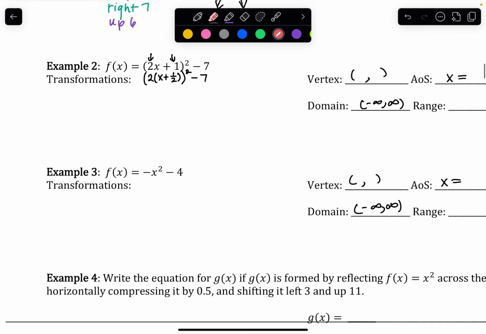Okay, and so my first transformation, reading from left to right, is this 2 inside. So we're inside the crazy house now. And so it's backwards. You'd want to say horizontal stretch by 2, but it's your horizontal compression by 1/2. Okay, so you know it's going to be narrower.